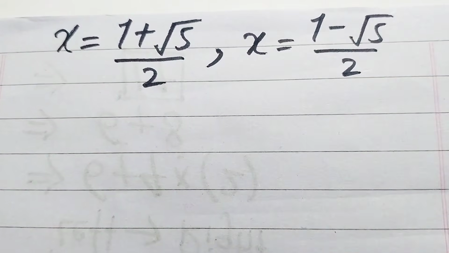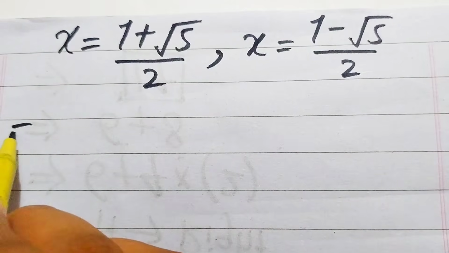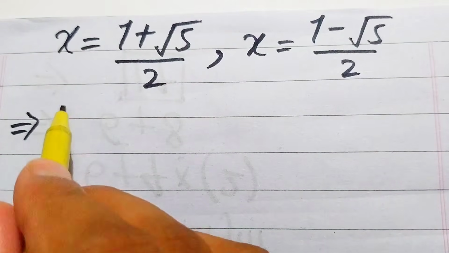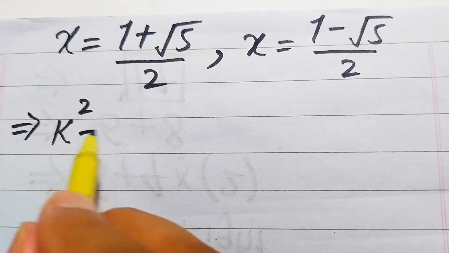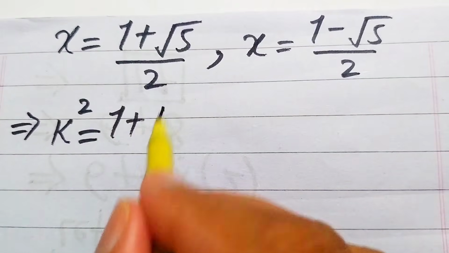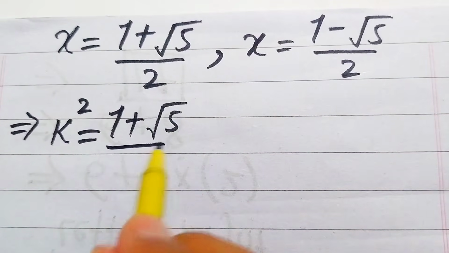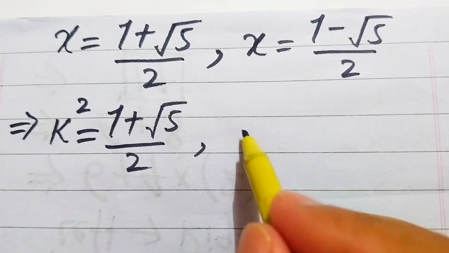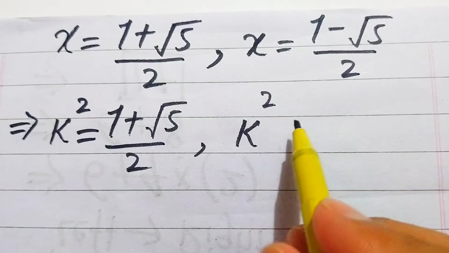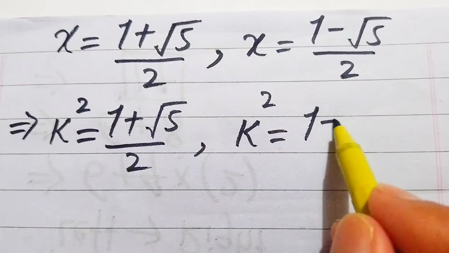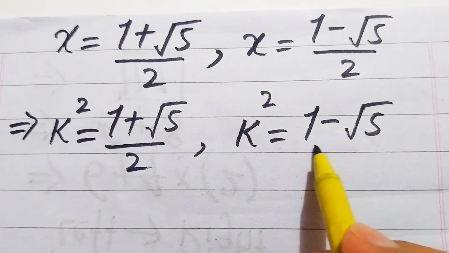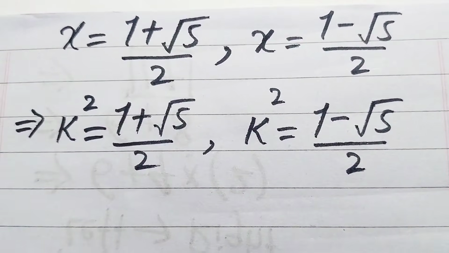So we put this value of x in both of these cases, and we obtain k square is equal to 1 plus square root of 5 divided by 2, and in this case k square is equal to 1 minus square root of 5 divided by 2.